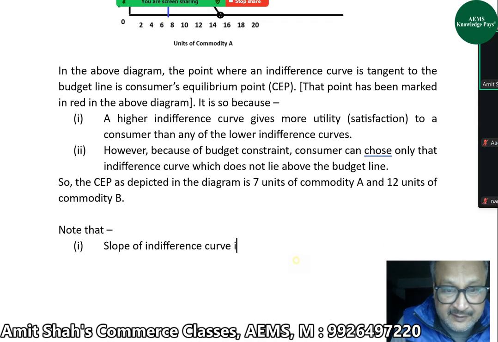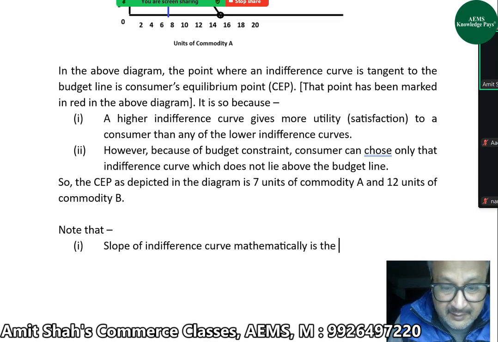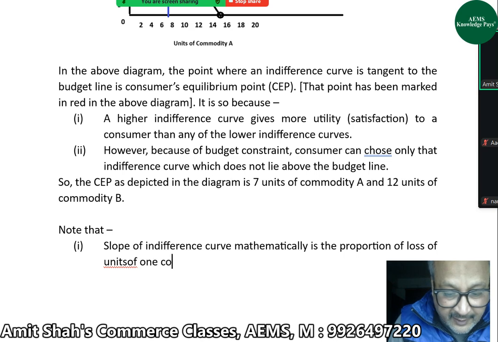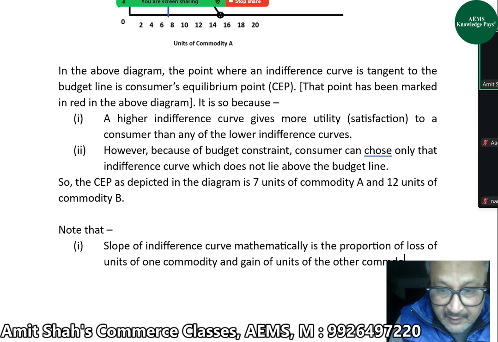So the slope of the indifference curve mathematically is the proportion of loss of units of one commodity and gain of units of the other commodity. That is MUX upon MUY.